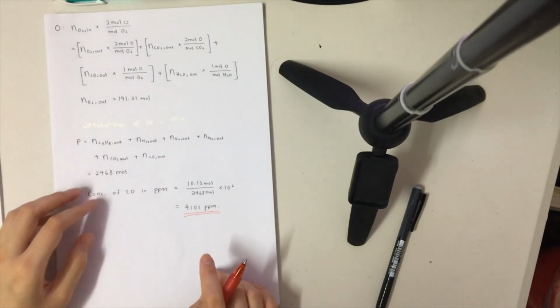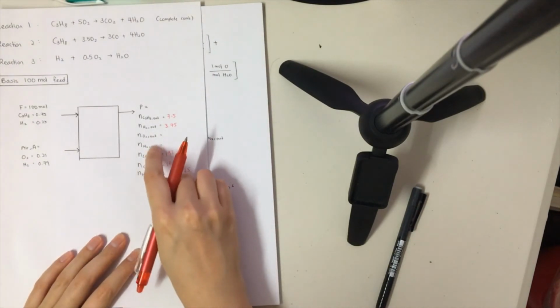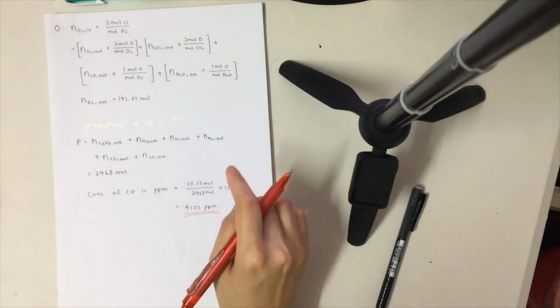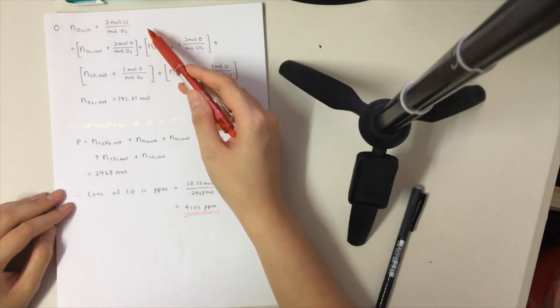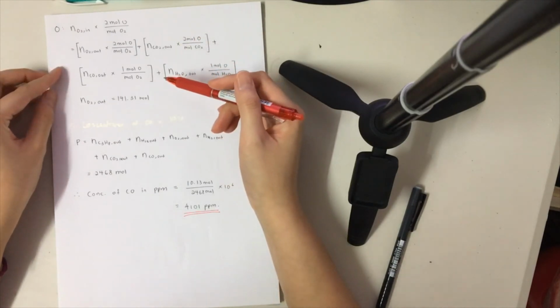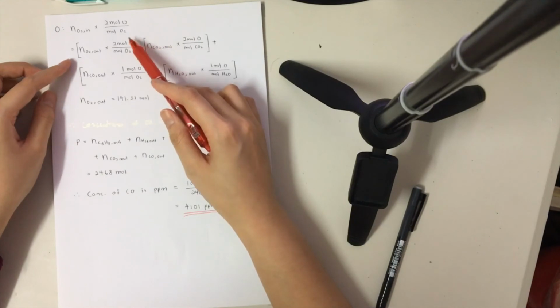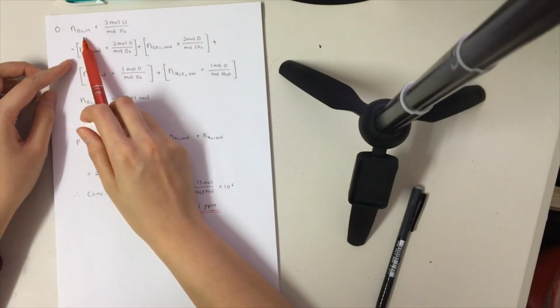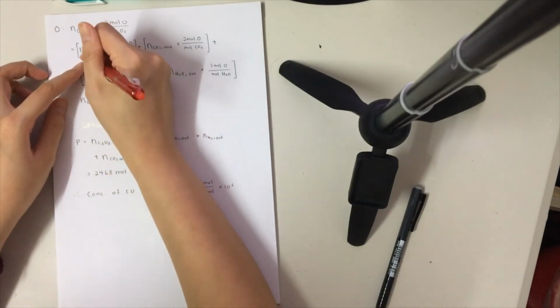Continue with O, because we have O and N that's not done. So for O, the number of moles of O that goes in is oxygen, and what comes out with O is oxygen.